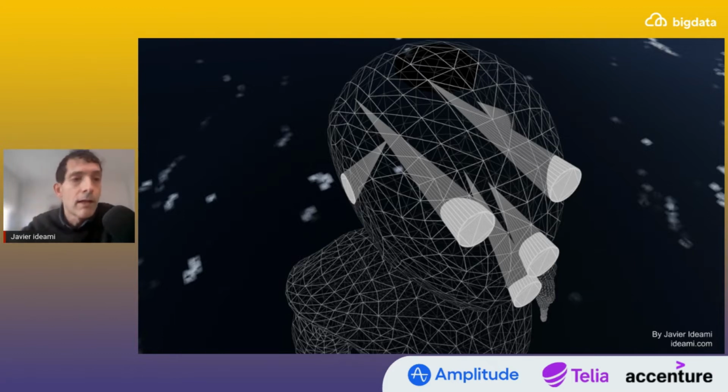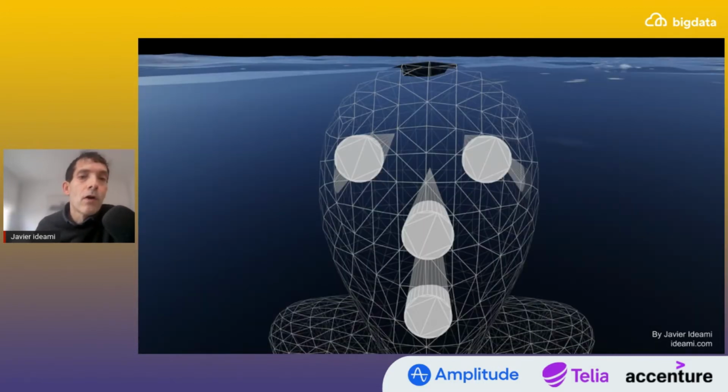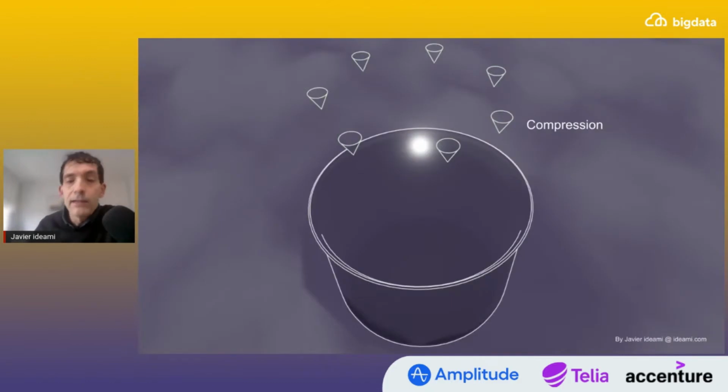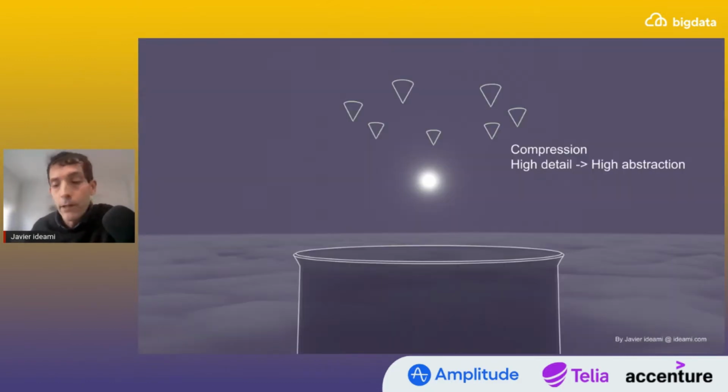So both in AI architectures and in our brains, we have to somehow simplify. We have to somehow compress all of this complexity. And so we create these processes, these funnels that compress the complexity, and they take us basically from high detail to high abstraction. We take all of that detail and we compress it into a more abstract representation.